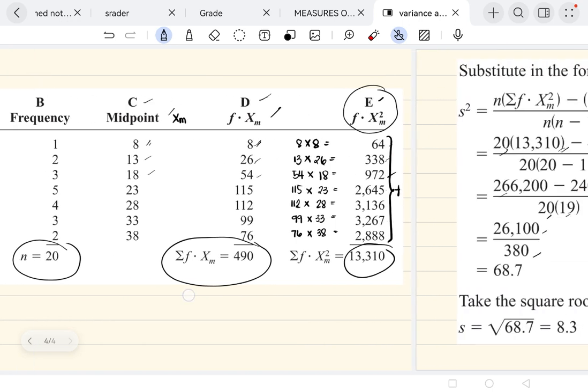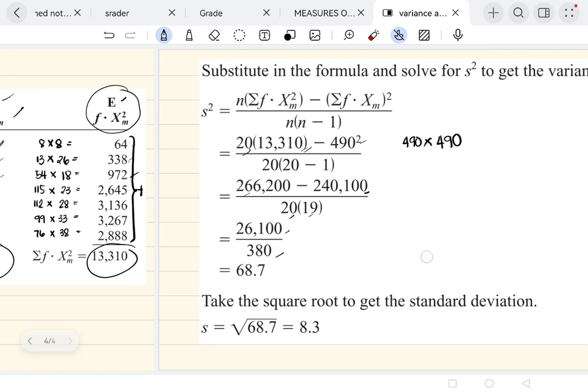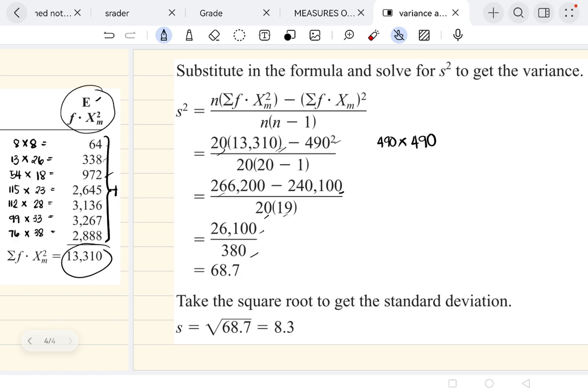Since our given data are whole numbers, we keep only one decimal place, so 68.7. That is our variance. For our standard deviation, we just get the square root of our variance, the square root of 68.7, that is 8.3. So 8.3 is our standard deviation.